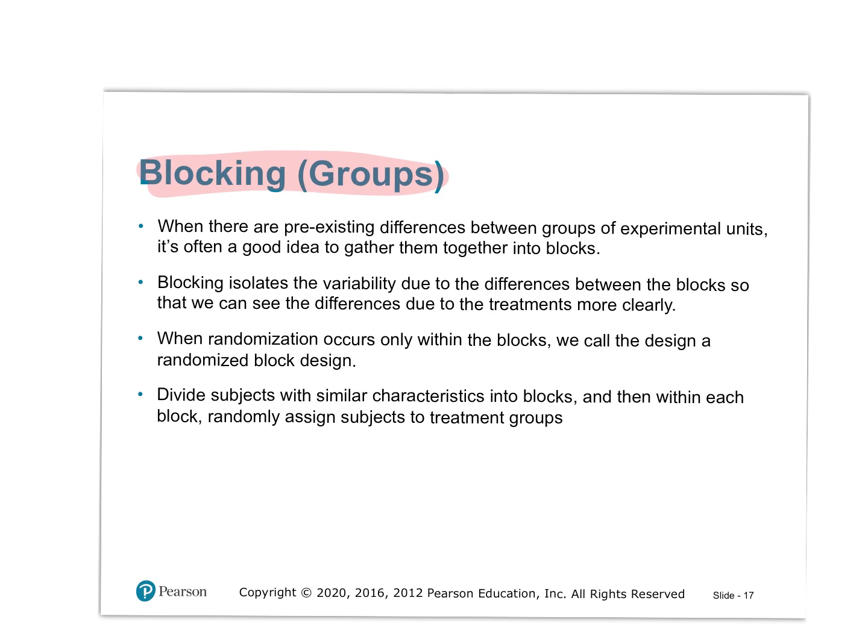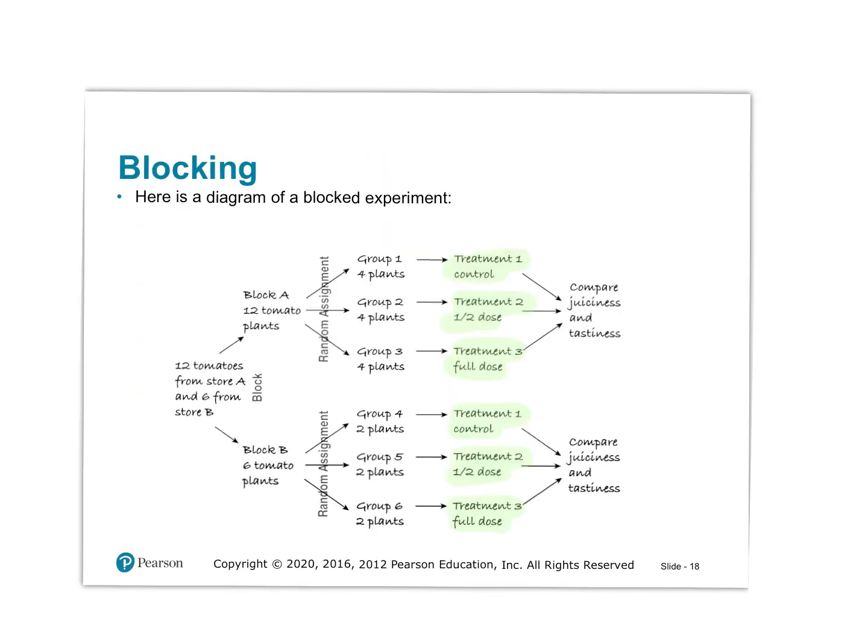Notice it says blocking isolates the variability due to the differences between the blocks. So it could be male, female, smokers, non-smokers, or other pre-existing conditions, right? You're grouping people with similar characteristics.